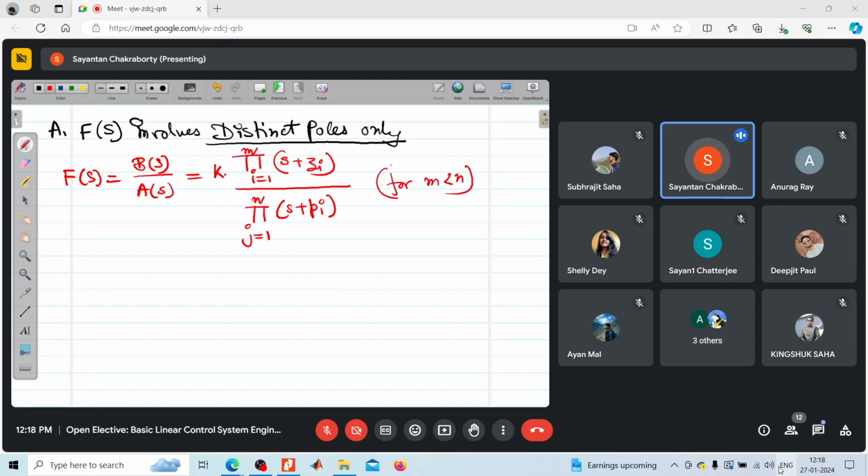That means (s plus z1) into (s plus z2) up to (s plus zm). In the denominator, we have (s plus p1) into (s plus p2) up to (s plus pn).